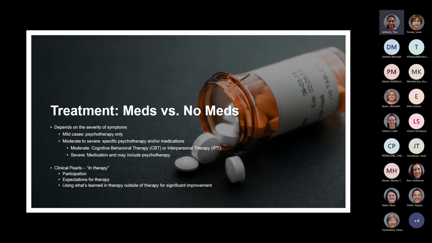But when it comes to severe symptoms of depression, it's always going to be recommended that medication and psychotherapy should be together. So doing a combination treatment for depression versus just therapy by itself, especially when it's severe.